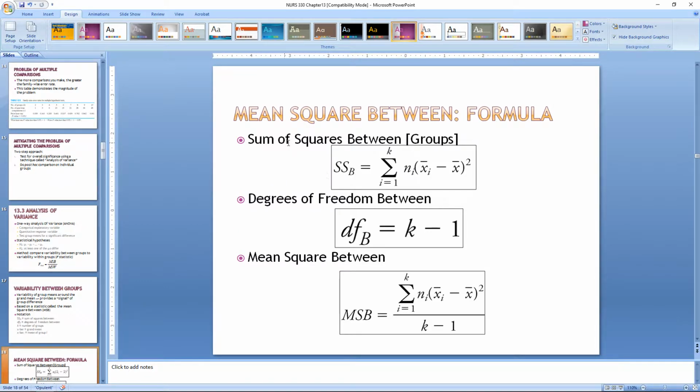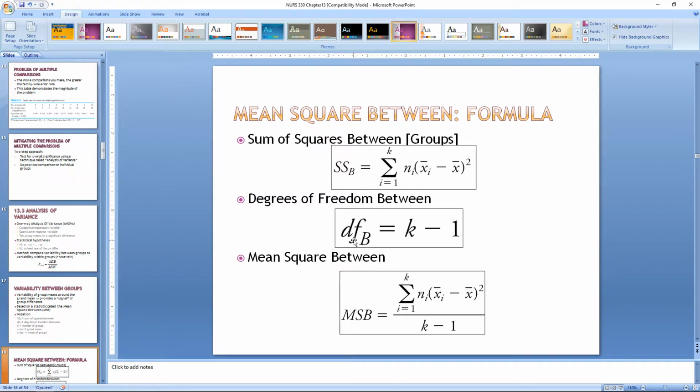SS subscript B, or sum of squares between groups, is equal to the sum, with I equaling 1 up to K, which is the number of groups, of the number of participants n I multiplied by the quantity X bar I, the mean of that group, minus X bar, squared. This should look very similar to how we calculate standard deviation, minus a couple of steps, but we're figuring out the sum of squares. As you remember, sum of squares is part of standard deviation. This is the formula we set up exactly for this.